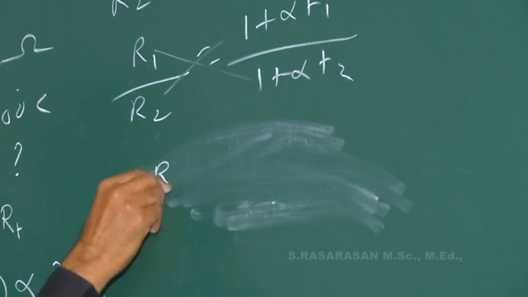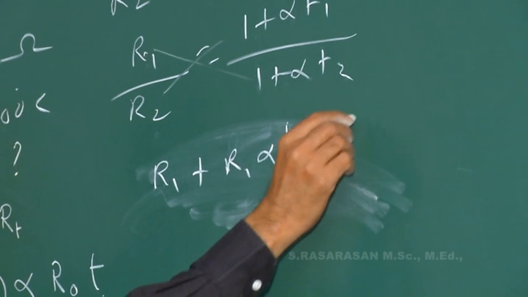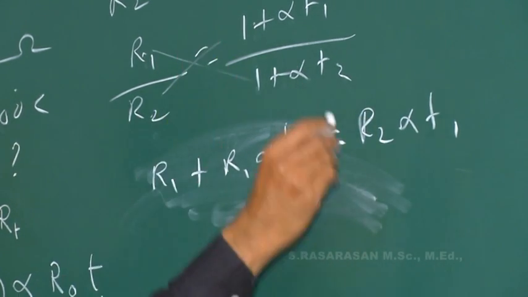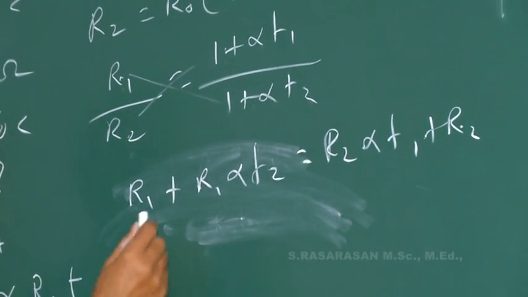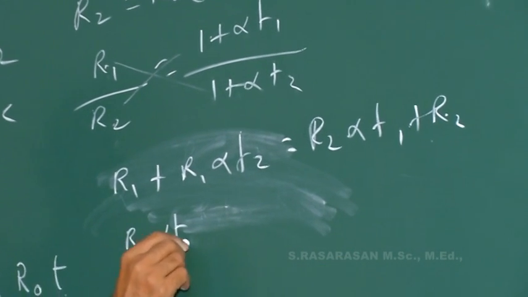So it is R1 plus R1 alpha T2, equal to R2 plus R2 alpha T1. Bring this R1 to that side, so R1 alpha T2 is retained here.